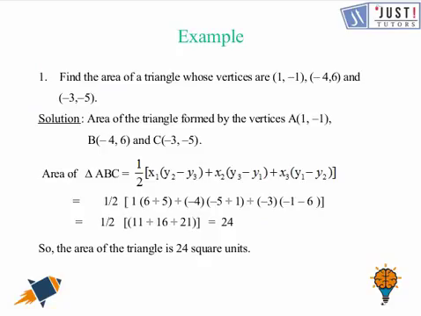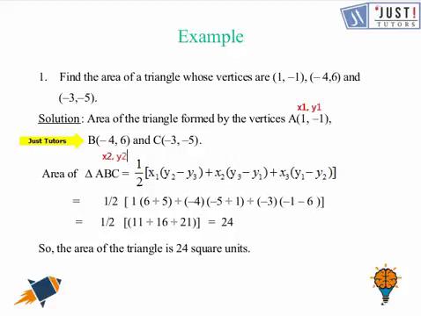Now we have another example that we can discuss together. Here again we are going to find the area of the triangle whose vertices are given to us. We'll simply use the given values in the equation. The point A gives x1 and y1, then minus 4 for B is x2, comma 6 will be y2.